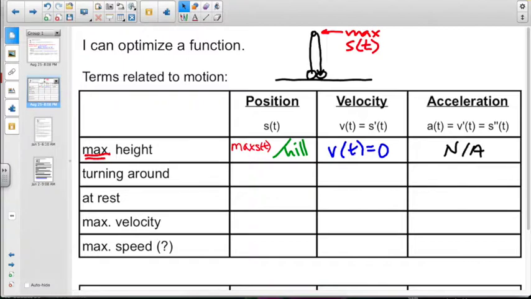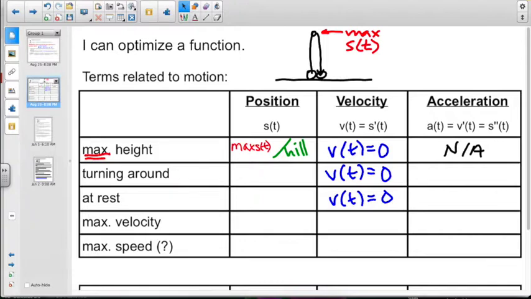Okay, so a lot of people are coming to the conclusion that these conditions are really all saying the same thing about velocity. They're saying different things about position though. The first one was definitely a max. These next two, maxes or mins? Or doesn't it matter?